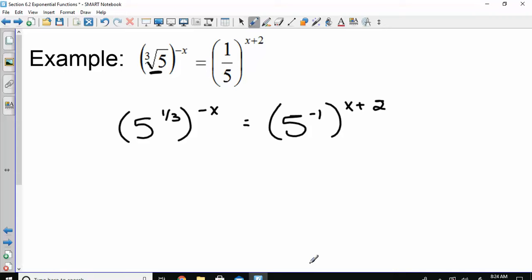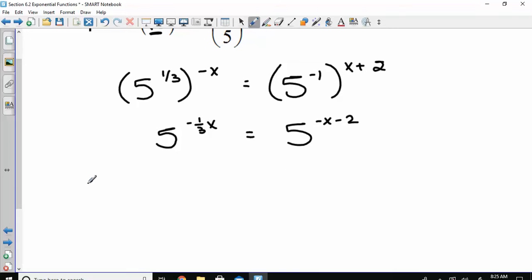Okay, it's looking better already. What do I need to do with these exponents? So that's 5 to the -1/3 x equals 5. If I multiply these, I get -x minus 2. Okay, so set your exponents equal, -1/3 x equals -x minus 2.